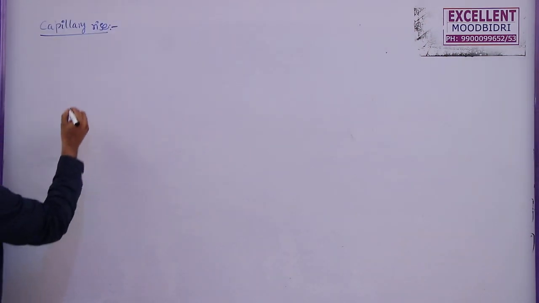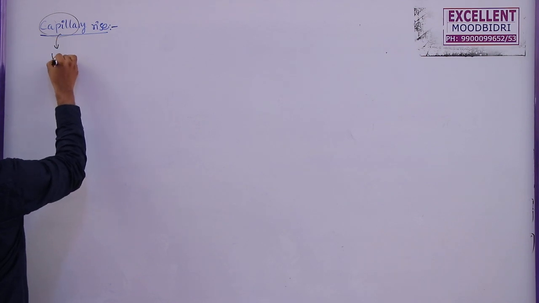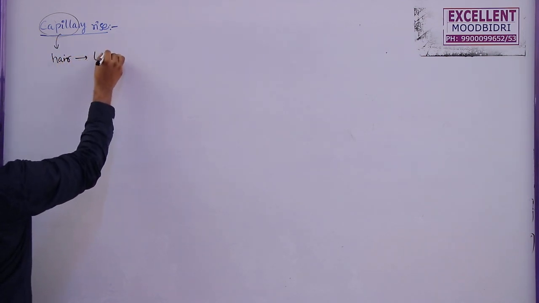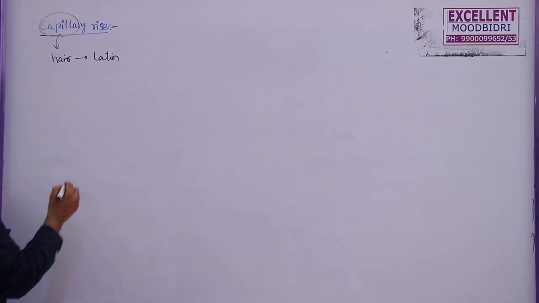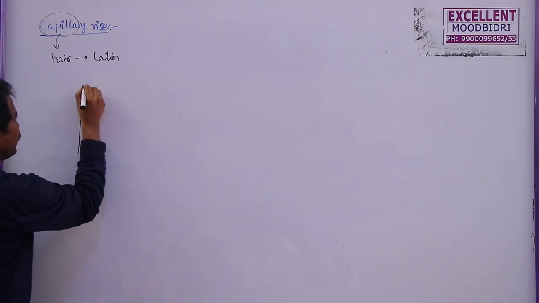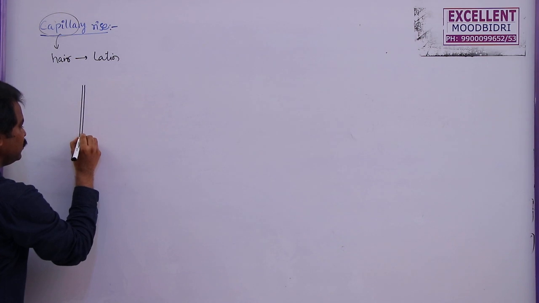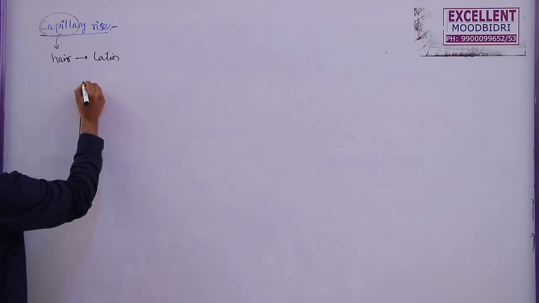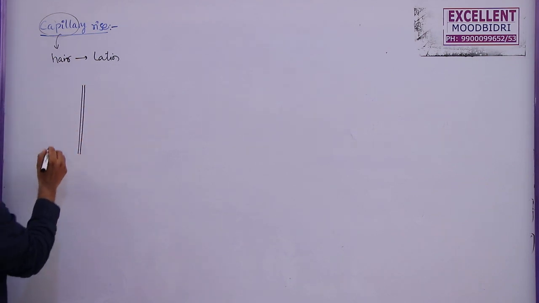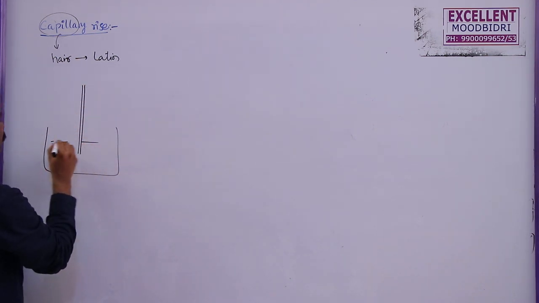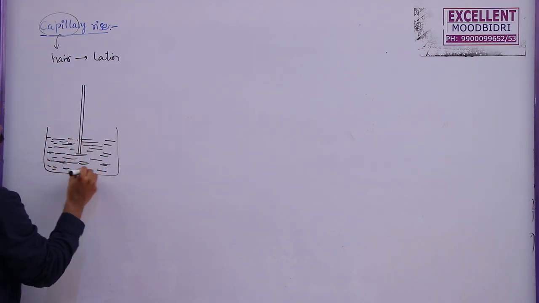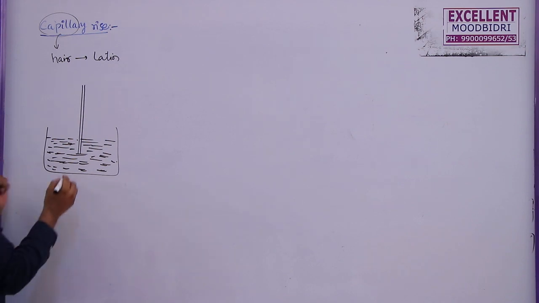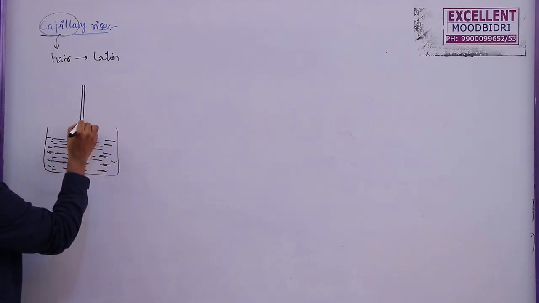Capillary rise. Capilla is nothing but hair in Latin language. If you take tubes which are just like hair, of thin thickness, any tube whose length is too large compared to radius, so R is very small and the length is high, and it is inserted in a liquid, as the upper surface has more energy, it is found that some liquid will enter into this tube.